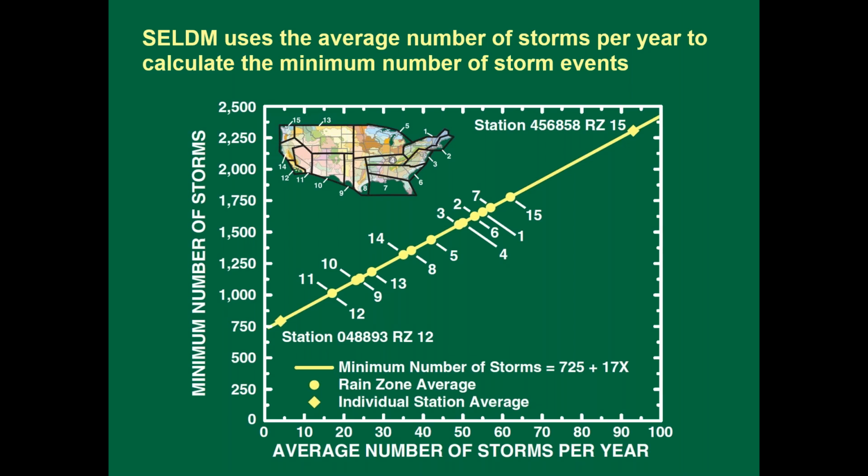Until you get up to a certain number of events, the answer you get can differ by orders of magnitude from group to group. So to get the values to converge reliably towards your input statistics, we have a rule of thumb that we want 725 events plus 17 times the number of annual events. And for most of the country, like I said, that comes out to be about 30 years.